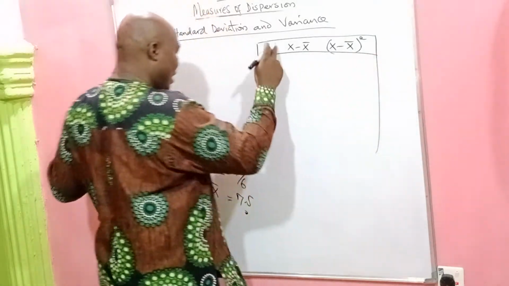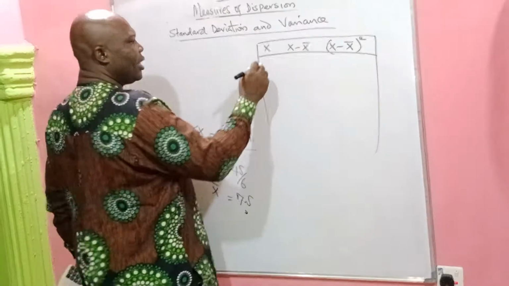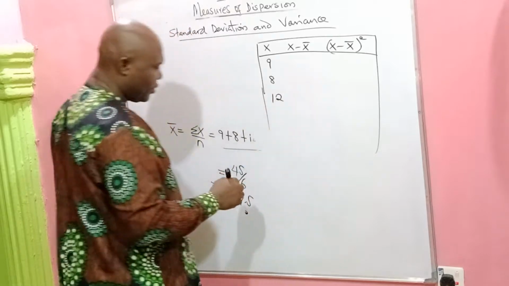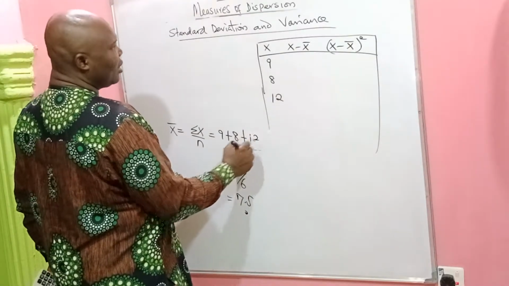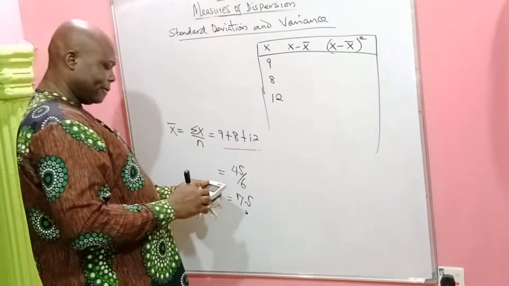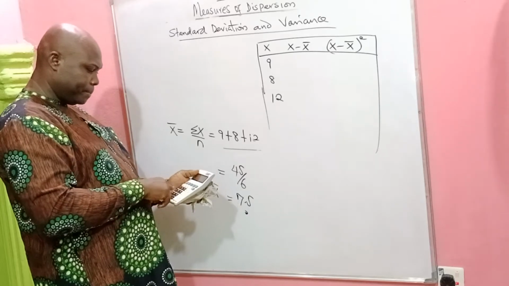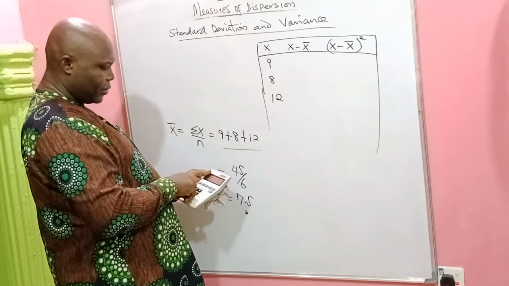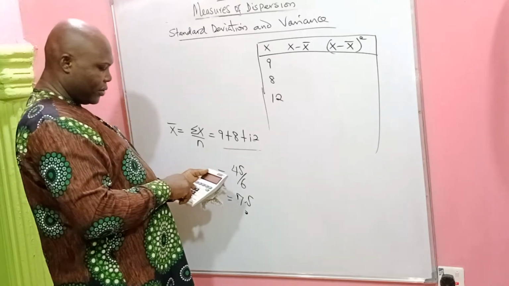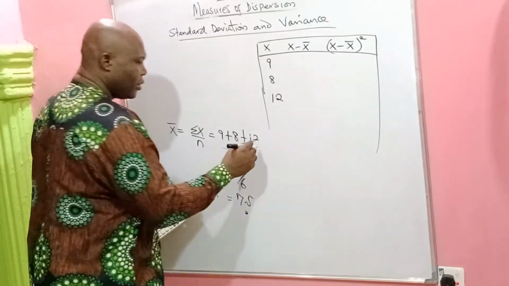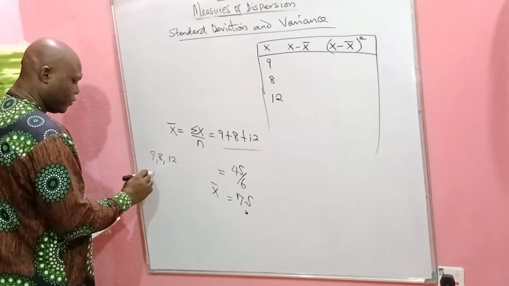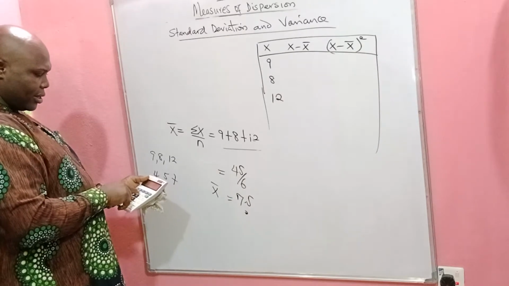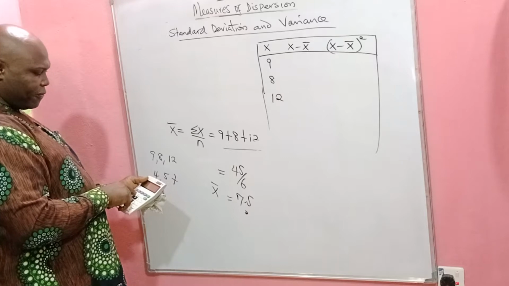So we are going to have our x values: 9, 8, 12, 5, 4, and 7.